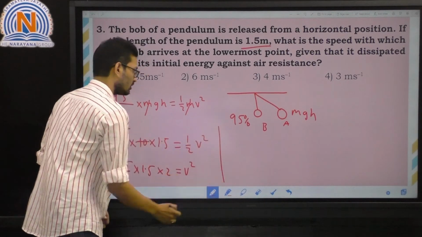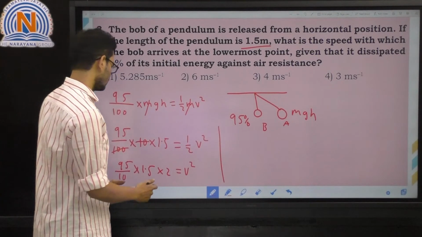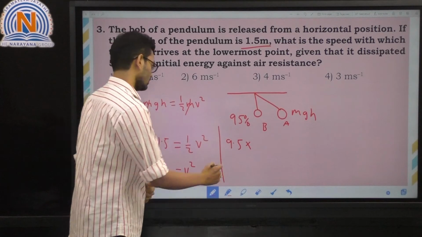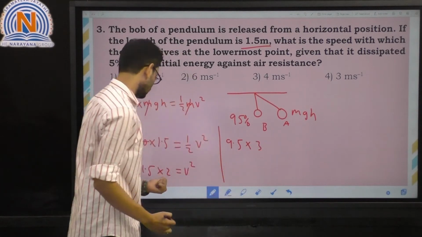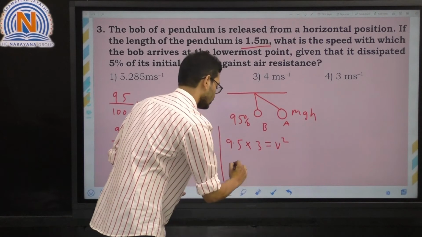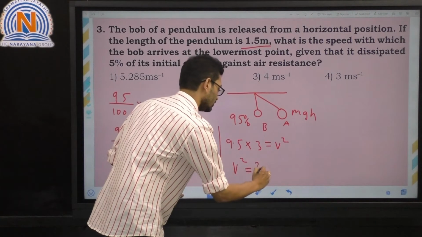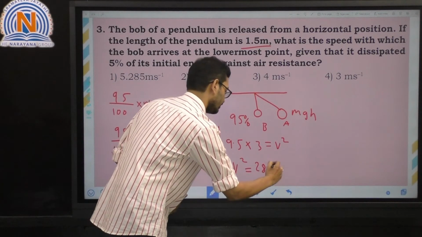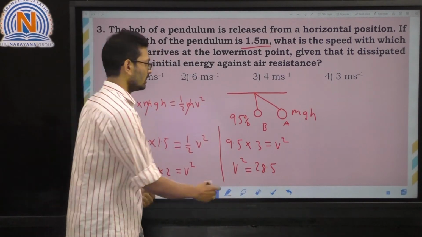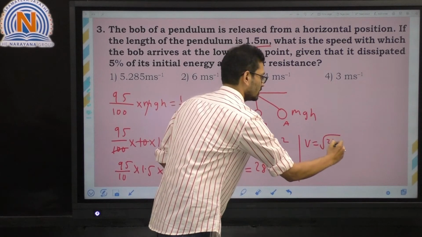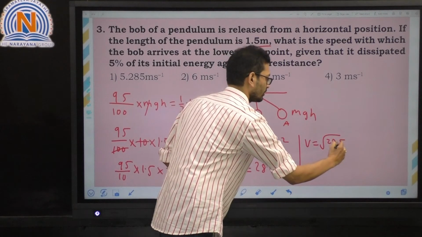Now when you try to solve this, you are going to get 9.5 into 3, since 2 into 1.5 is 3, is equal to v square. So v square is going to be equal to 28.5. Then v is going to be equal to root 28.5.